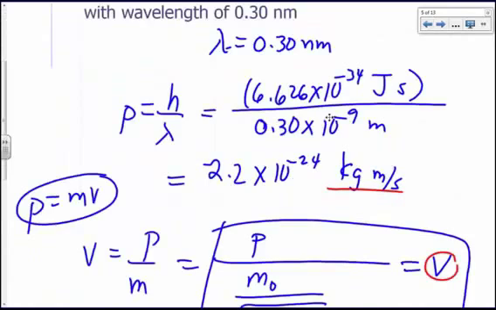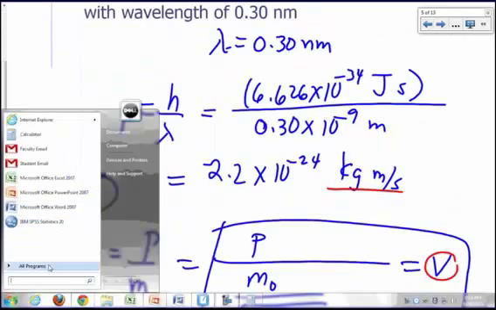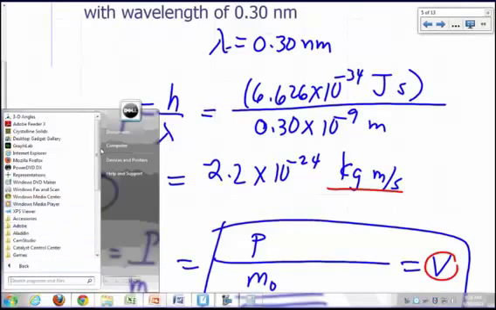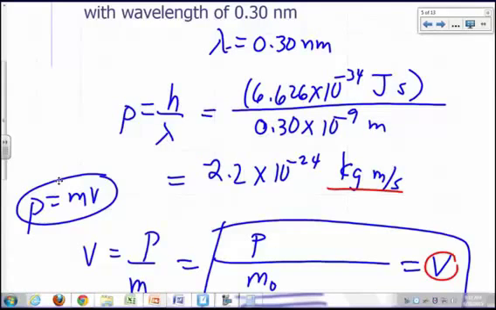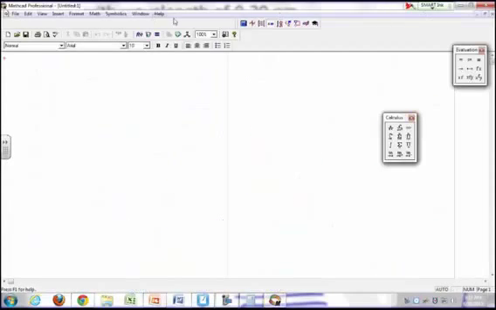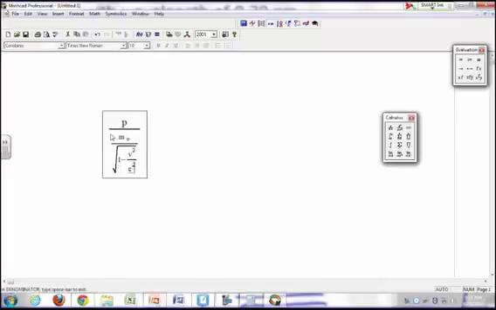All right. So if I were to do that in MathCAD, you're going to say that P over, what was it, m naught over the square root of 1 minus v squared over c squared, the whole expression is equal to v, right?